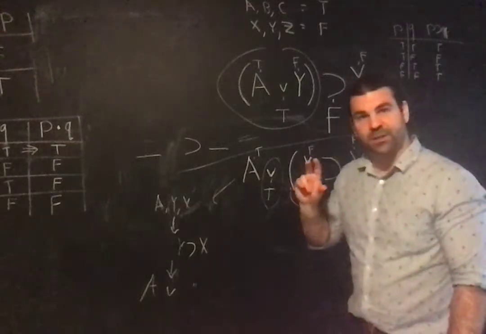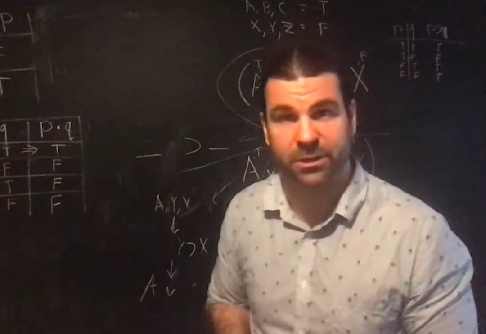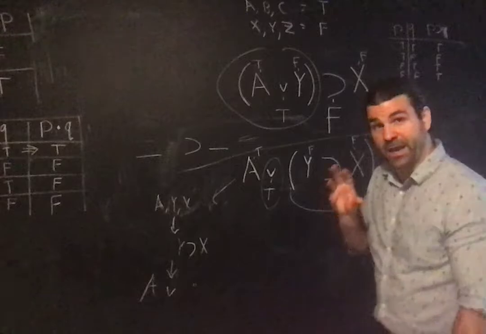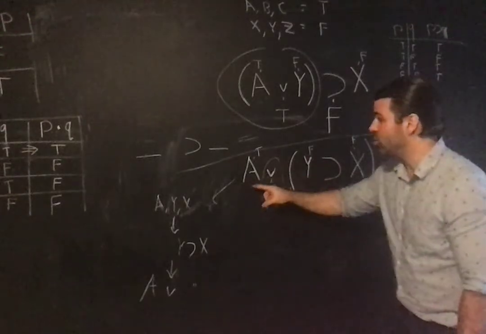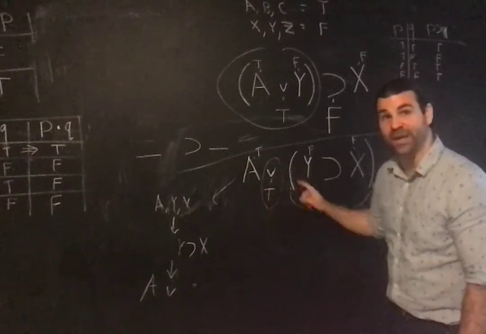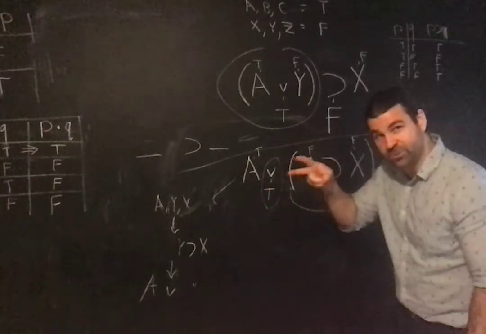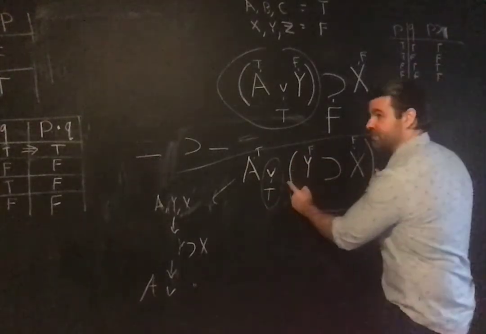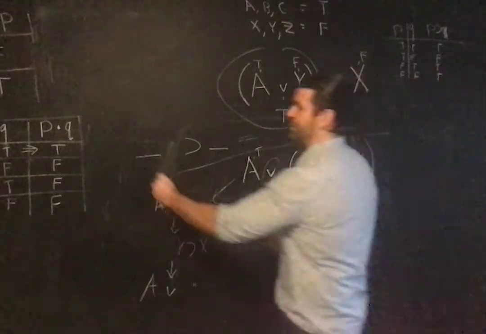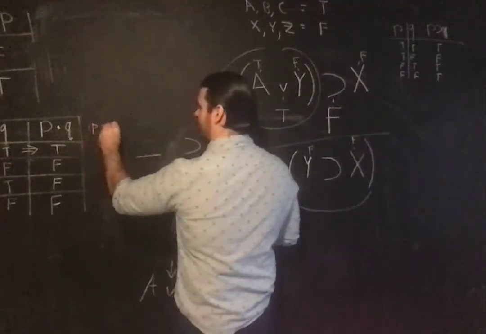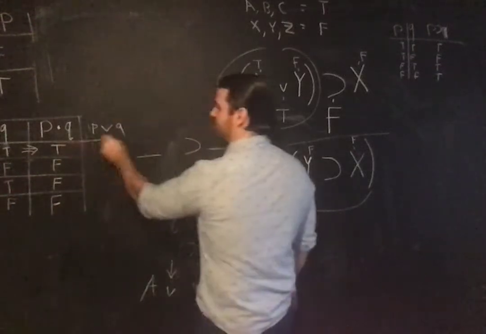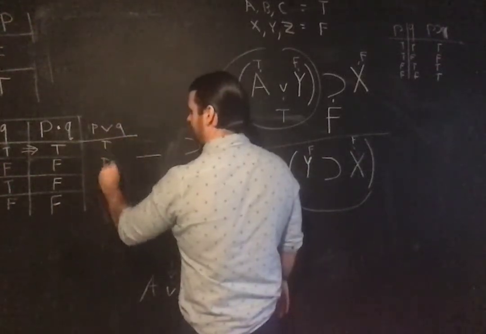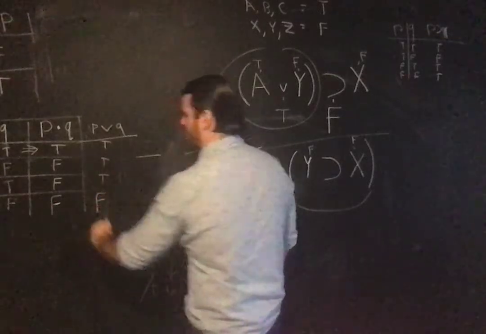What is that? That's an application of the knowledge of the truth table for the wedge. I say that knowing that T hook T is true and T hook F is true. I'm in one of those two cases before I calculate this thing, the truth value of P or Q, remember, right? T, T, T, F, F, T, F, F. It's T, T, T, F. Right, what do I know?